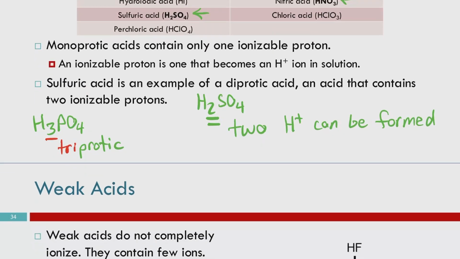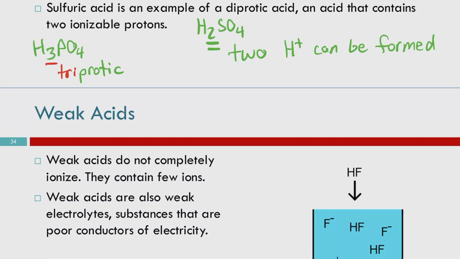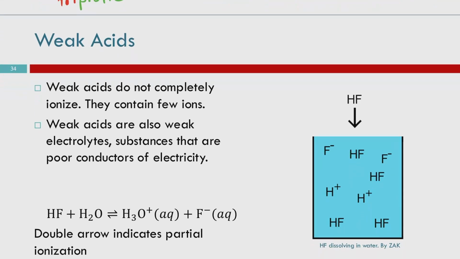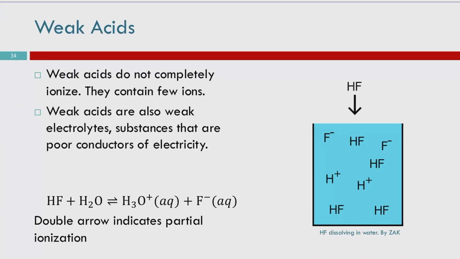We also have weak acids. Weak acids are ones that don't completely ionize. And so you will find fully intact units in solution. In this case, HF.